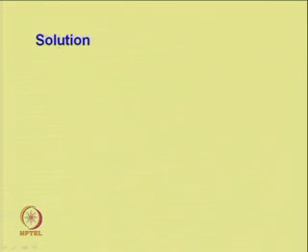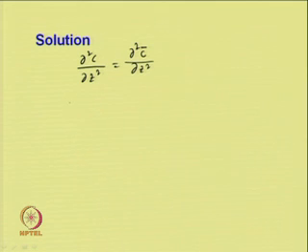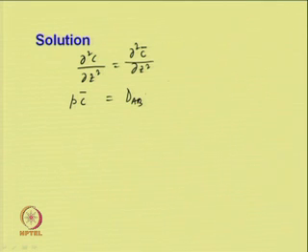Now, using the Laplace operator, we know that ∂²C/∂z² will be equal to ∂²C bar/∂z². So, if we take the Laplace transform for both sides, this part will be p C bar will be equal to D_AB ∂²C bar/∂z².